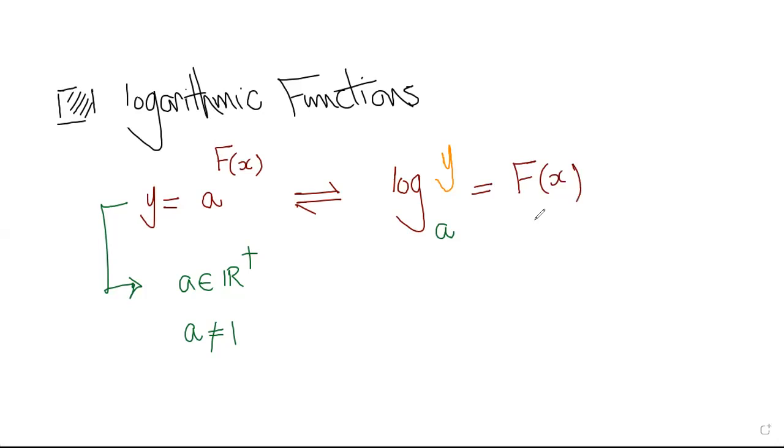The exponential representation and the logarithmic representation are essentially the same thing, and we solved many problems with it. Notice that for both we have a single base and the same restriction.